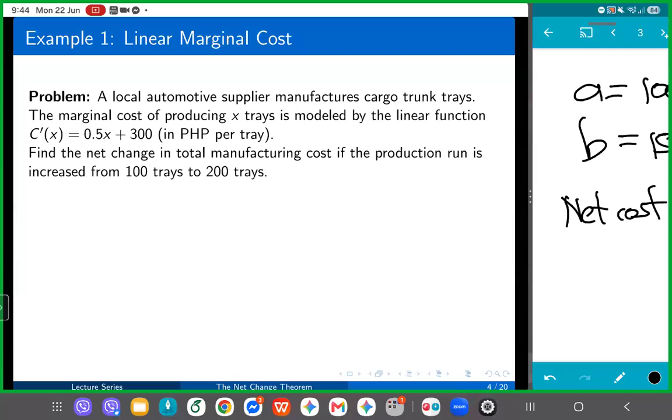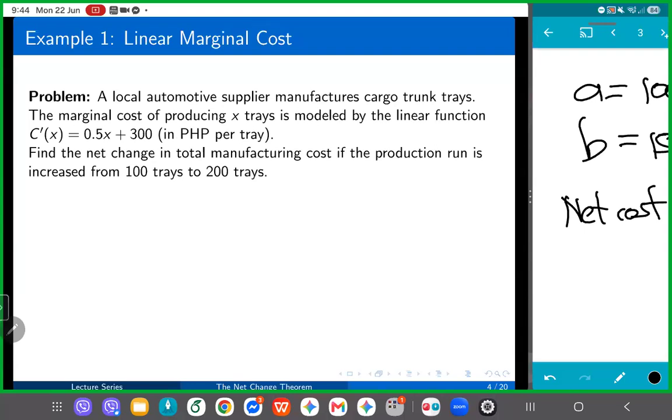And suppose we know this fact that the marginal cost is modeled by this linear function here, given as C prime of X equals 0.5X plus 300, where again, X is the number of trays. Cost is in Philippine peso, so marginal cost will be in peso per tray, PHP per tray.